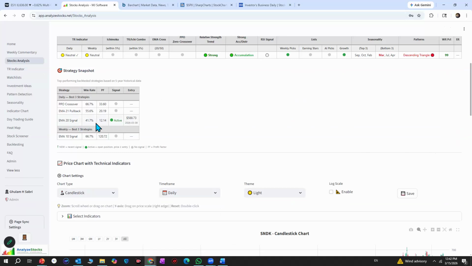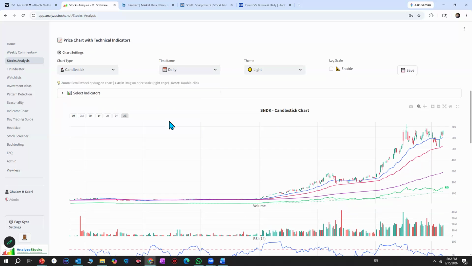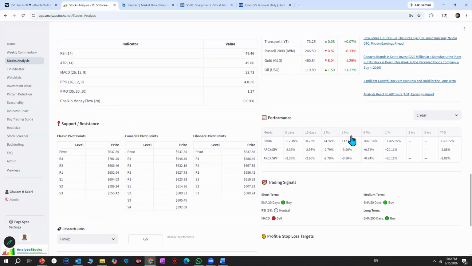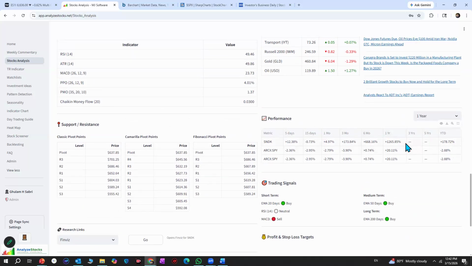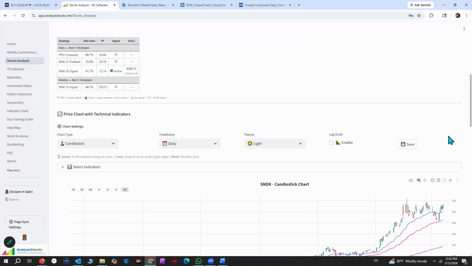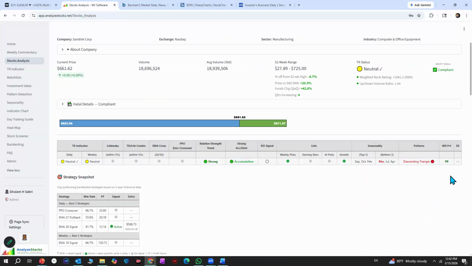This means on the 9th of March, in this particular backtesting strategy, it crossed its 20-day EMA average, and that gave it a very high profit factor, 12.14. Take a look here. Its performance for the last 1 year is 1,265% up. Year to date, 179%. That's why the WRPCT has beaten 99% of the stocks in its price action.